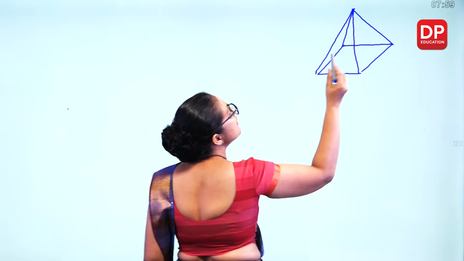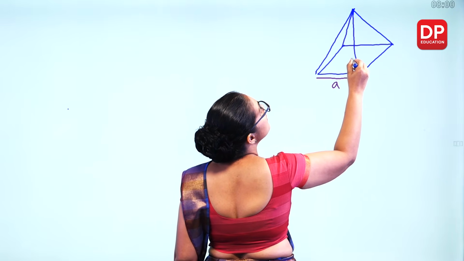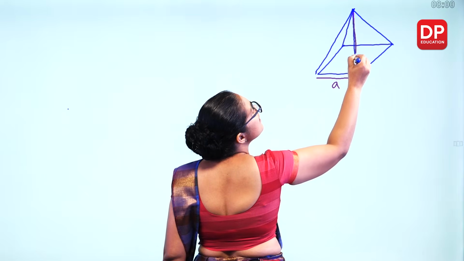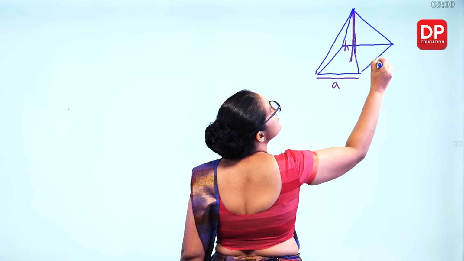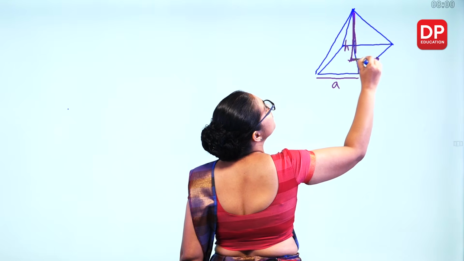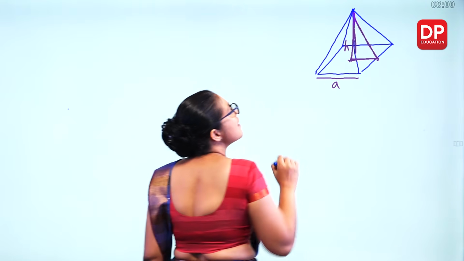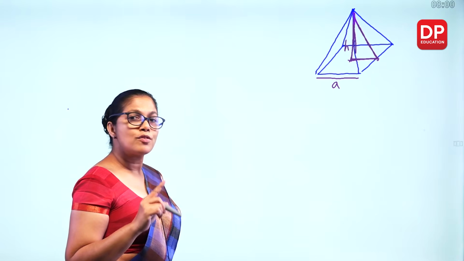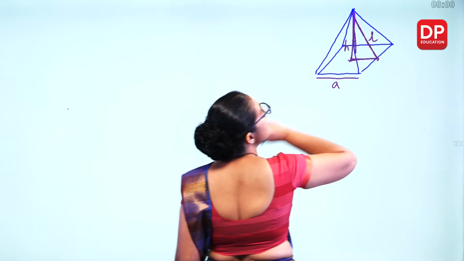A is this side now. We'll take the perpendicular height and connect this one. So what is this length then? This length is the perpendicular height of the triangular face. So we took L as this distance.